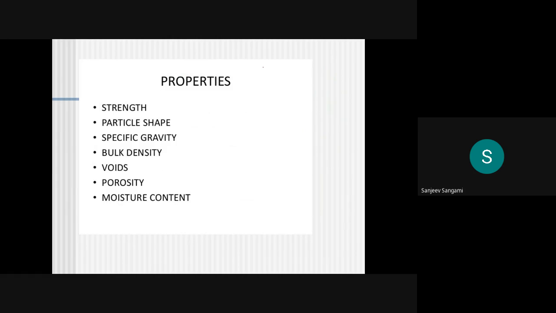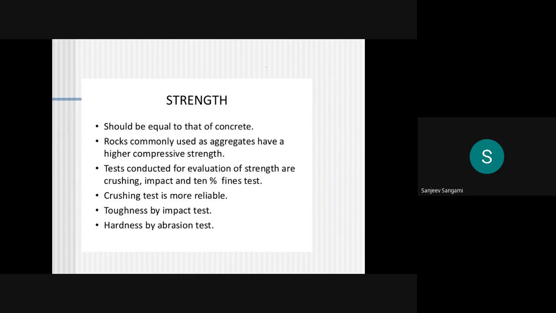Then the properties include strength, particle shape, specific gravity, bulk density, voids, porosity, and moisture content. Strength should be equal to that of the concrete. The rocks commonly used as aggregate have a higher compressive strength. Remember this. It gives more compressive strength.